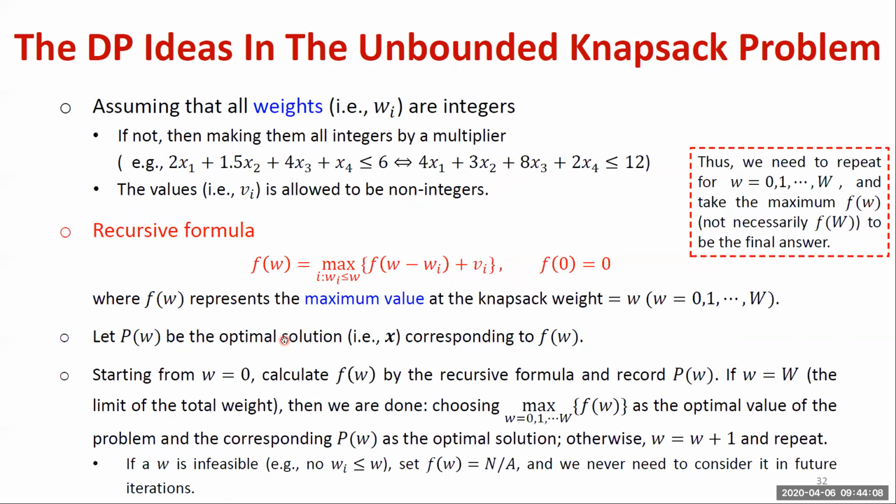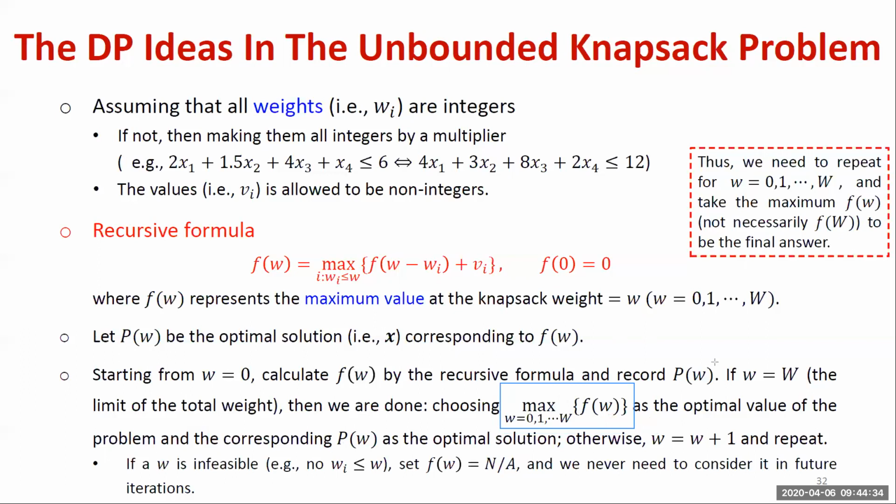What we're going to do is start from small w equal to 0 to small w equal to big W. And then we choose the maximum FW as the final optimal value of the problem, and the corresponding PW would be the optimal solution.